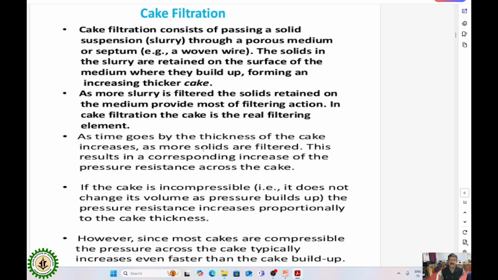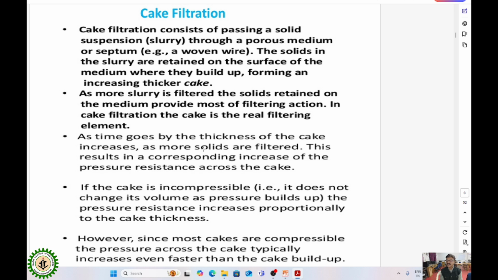So this is called cake filtration. The characteristics of cake filtration are like this. Actually, the slurry, porous medium or septum. As more slurry is filtered, the solids retained on the medium provide most of the filtering action.